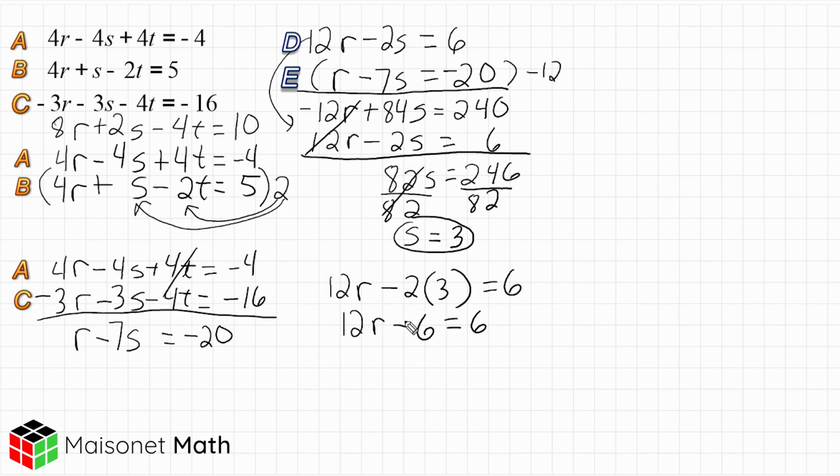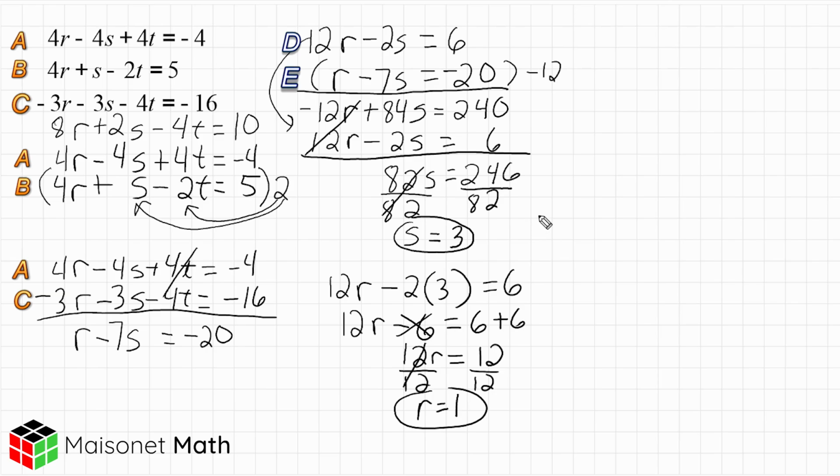We're going to take this constant of negative 6 and move it to the other side as positive 6. That gives us 12 times r equals 12. Divide both sides by 12, and that gives us a value of r is equal to 1. So now we know the r variable and the s variable. All that remains is our t variable.